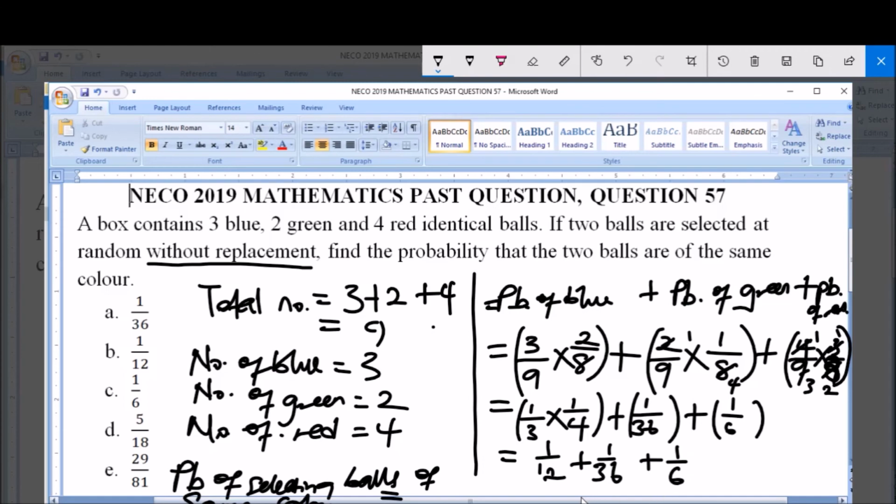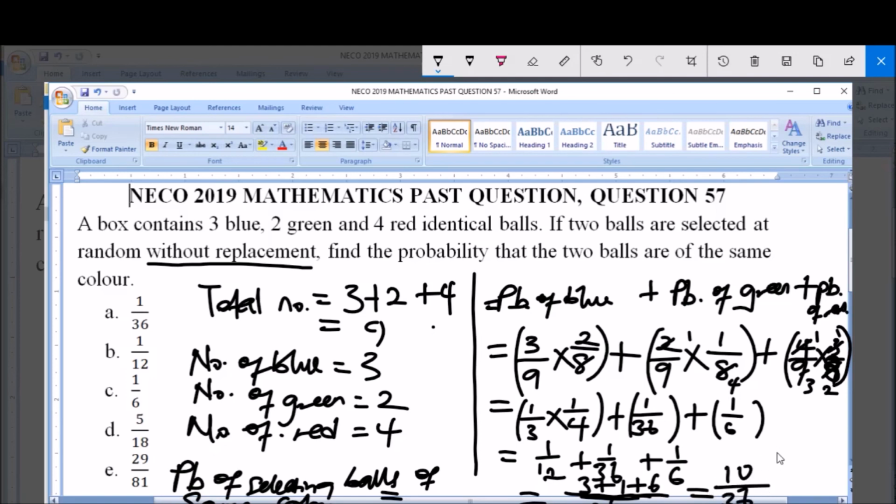Now the LCM here is 36. 36 divided by 12 gives us 3, and 3 times 1 is 3, plus 36 in 36, 1 times 1 is 1, plus 6 in 36 is 6, and 6 times 1 is 6. So we have 3 plus 1 plus 6 all over 36, which is equal to 3 plus 1 gives us 4, plus 6 gives us 10 over 36.